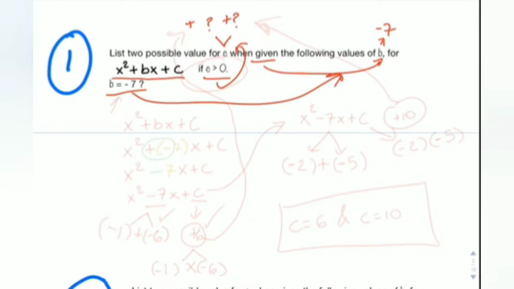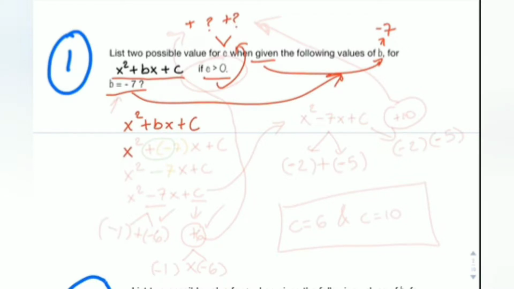Now, in order to do this, we must factor. And when we factor, there's something that we must know. So let's write down our expression so we can understand it. And let's plug in the -7.